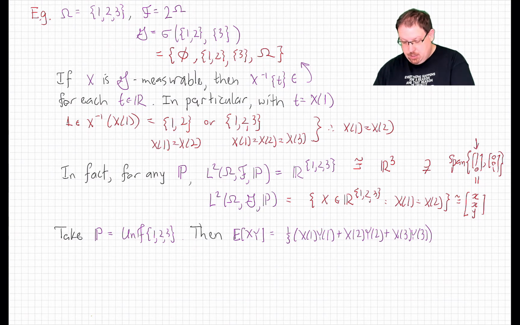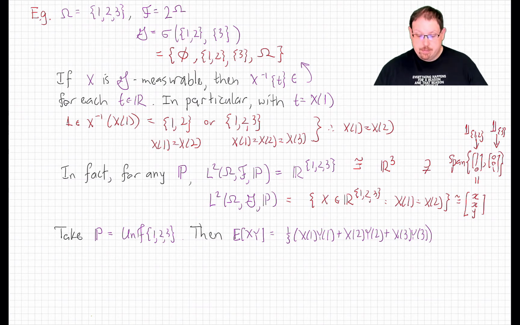This is just the indicator function of the set {1, 2}, and this is the indicator function of the set {3}. Okay, now how about the orthogonal projection, which we're identifying as the conditional expectation? Well, that's going to depend on precisely which probability measure we choose. Let's go ahead and choose the uniform measure, which assigns probability 1/3 to each of the three elements, 1, 2, and 3.